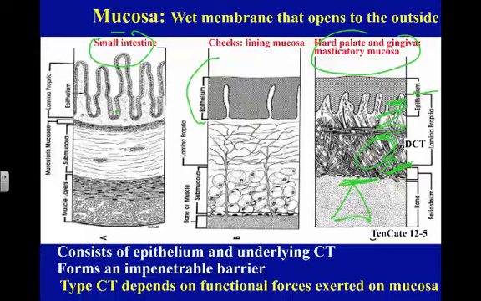This is the periosteum. There is no submucosa here, correct? Because there's no submucosa, we call this mucoperiosteum. The mucoperiosteum is very important because that's how we attach the mucosa to the underlying bone.